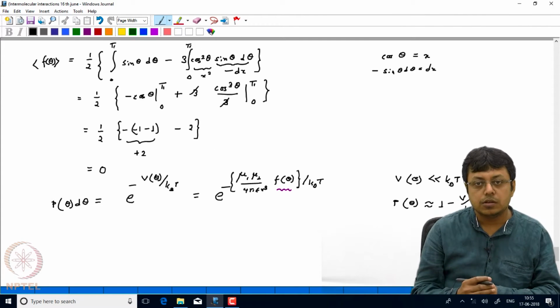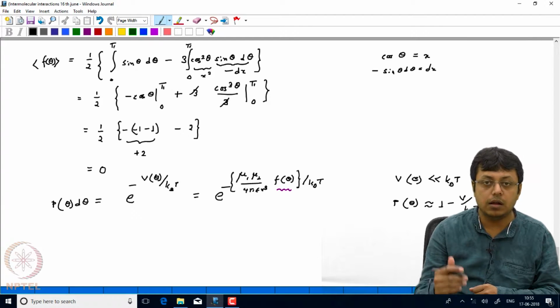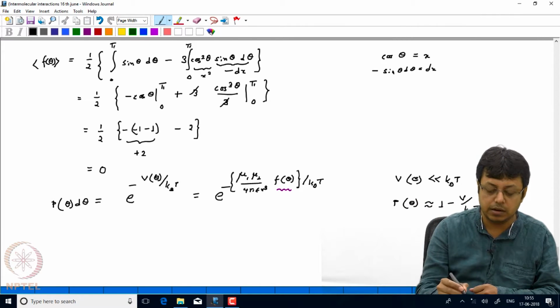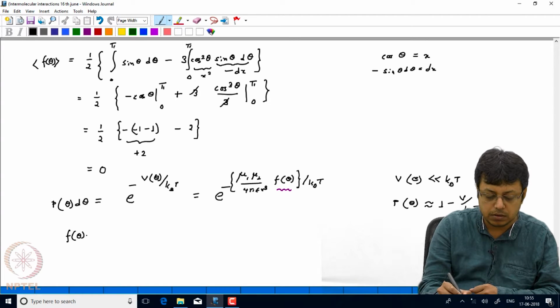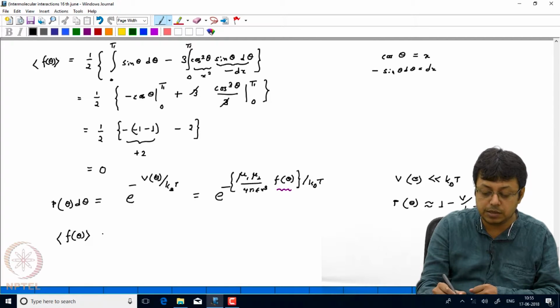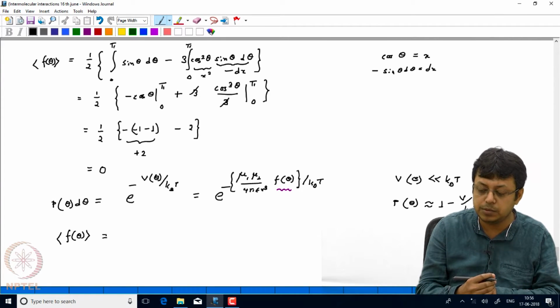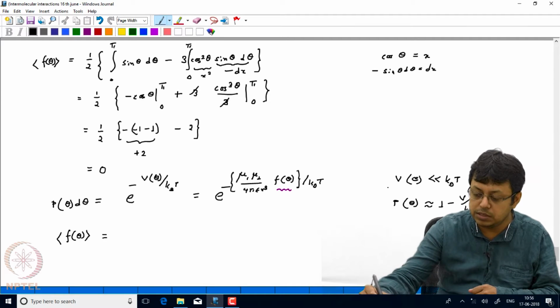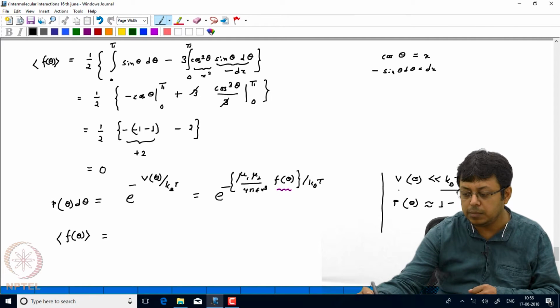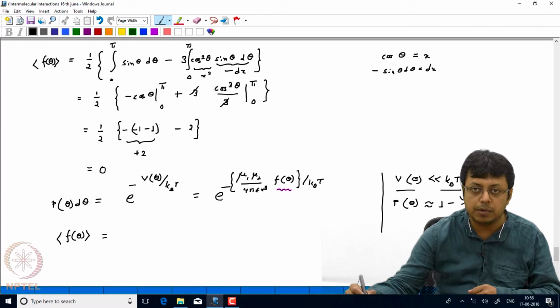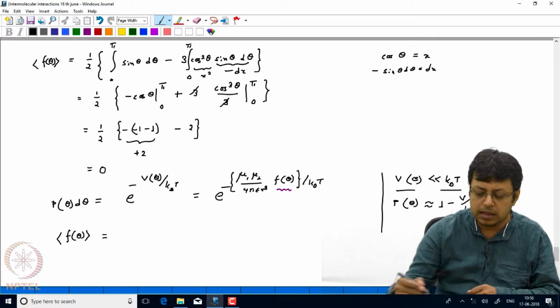All right. So, just like we did the averaging for the orientation of a dipole inside an electric field, we can proceed, and we will find that to calculate f of theta, including the probability distribution that accounts for the Boltzmann distribution of energy, and also using the fact that at very high temperature or room temperature the potential energy, which is a function of theta, is much less than the average thermal energy, we can approximate the series of e to the power minus x as 1 minus x, and then substitute it.